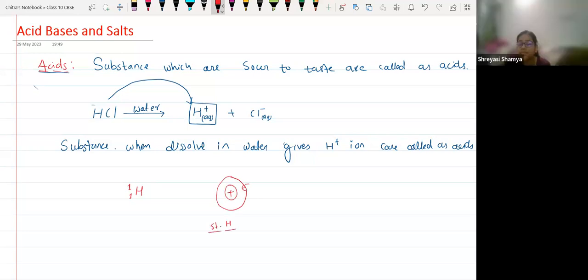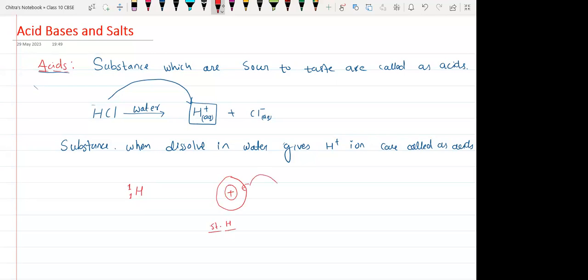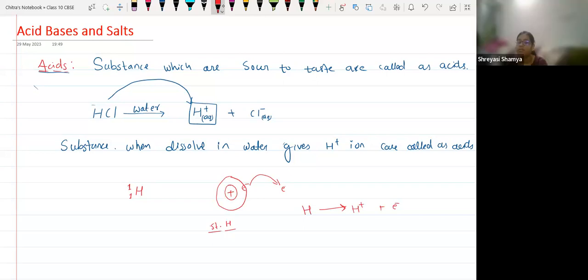Suppose hydrogen loses that electron. Then hydrogen will form H positive ion, right?